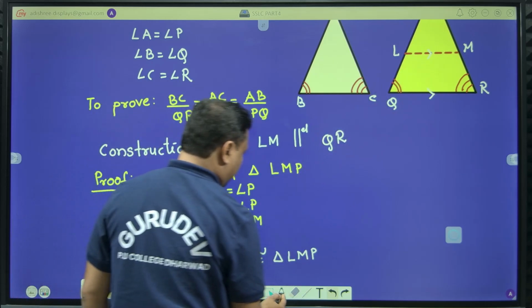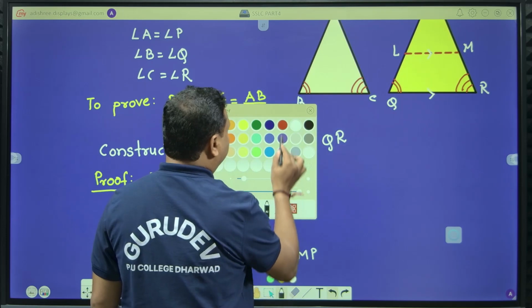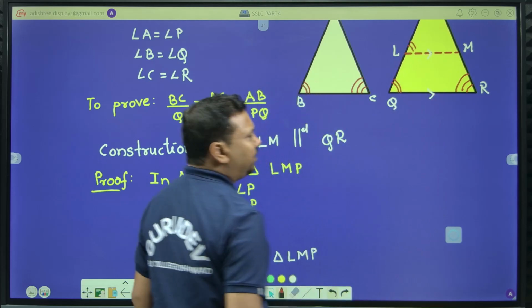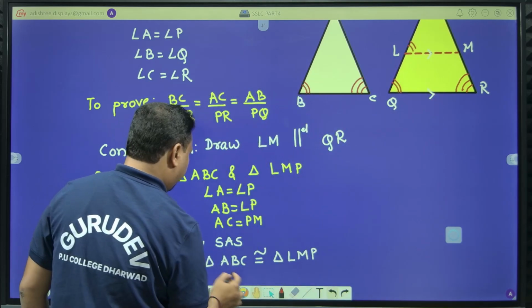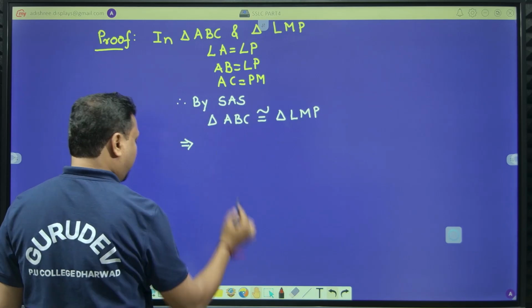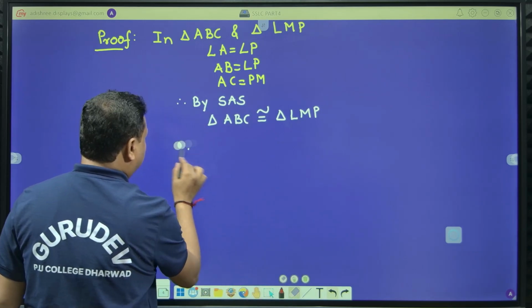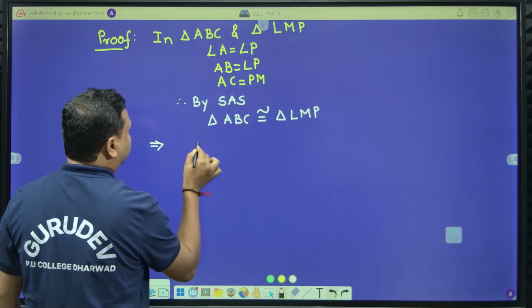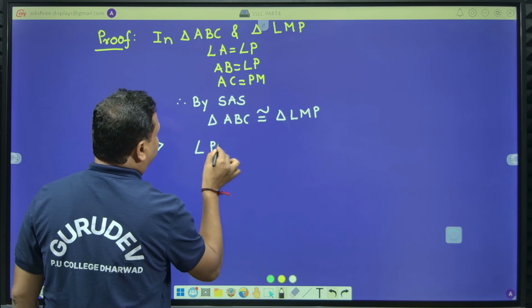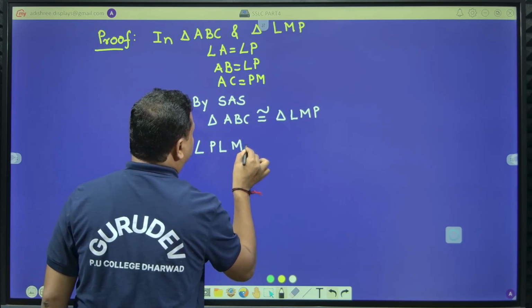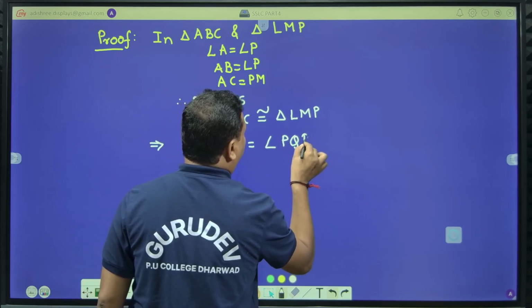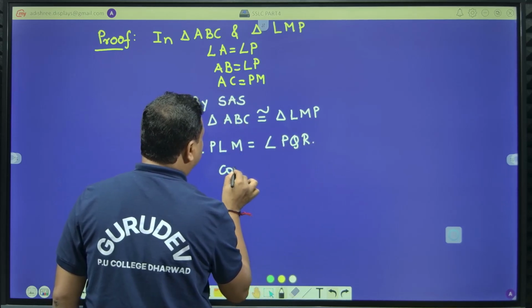Are they equal? Right? Can you observe that? Angle L and angle Q, are they equal? Why? This implies the angle PLM must be equal to the angle PQR. Why? Corresponding angles.